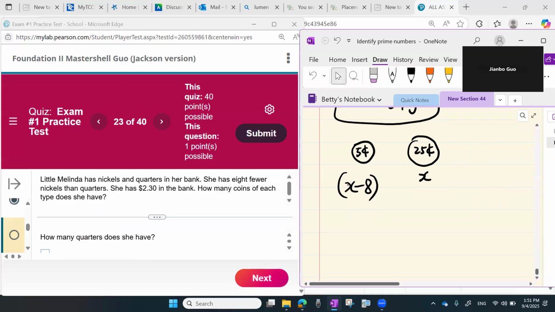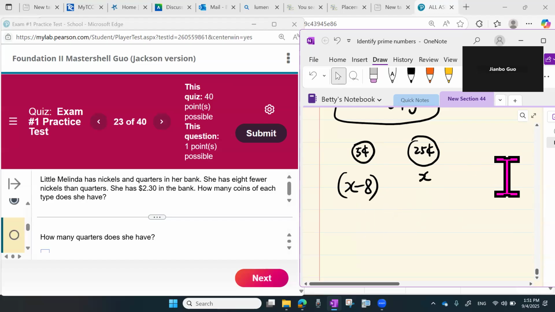We can use parentheses to frame it. So x is the number of quarters she has, and x minus 8 is the number of nickels she has.